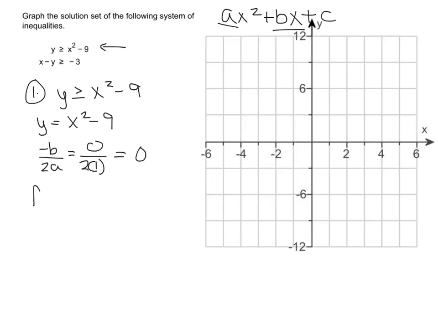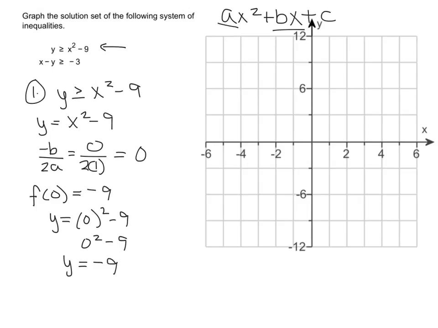Now I'll find f of 0, so that means I'm just going to plug in a 0 for x and solve for y. So I have y equals 0 squared minus 9. So y equals negative 9.